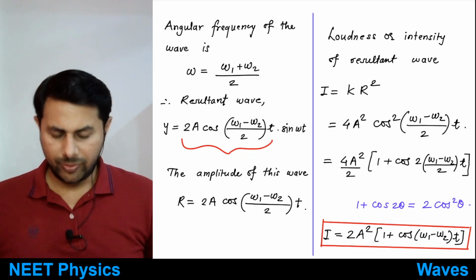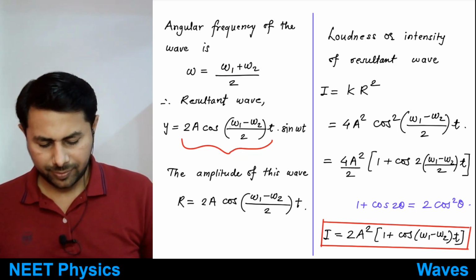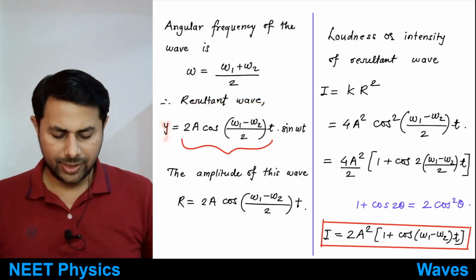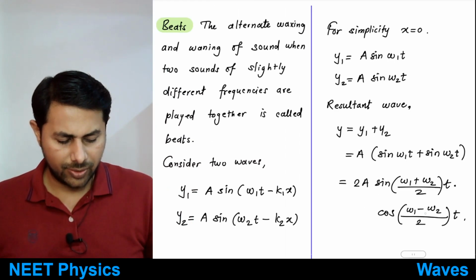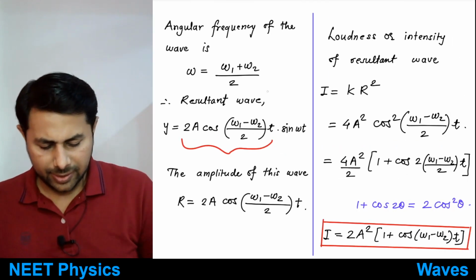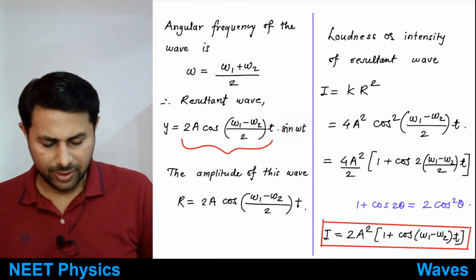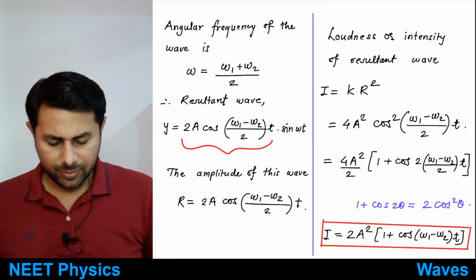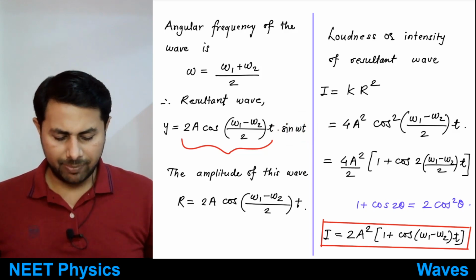Okay, then what happens is we get the resultant wave, which will have the equation 2a multiplied by cos of (ω1−ω2)/2 t multiplied by sin of ωt. So here, what is the amplitude of this one?